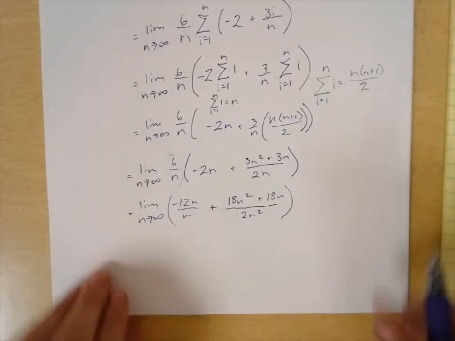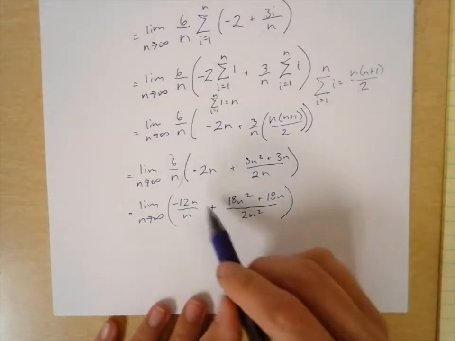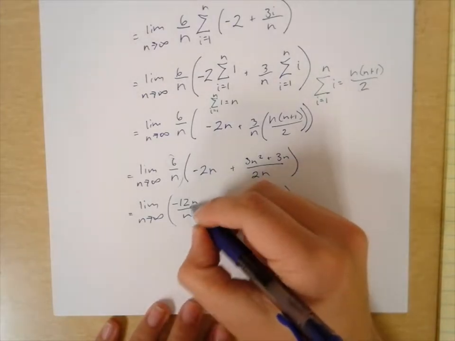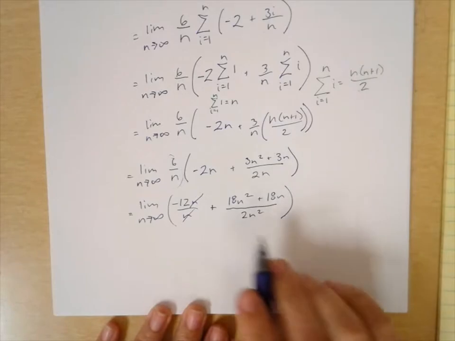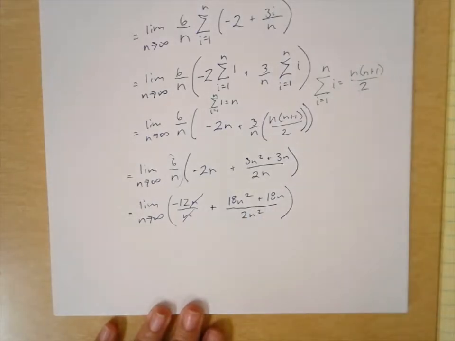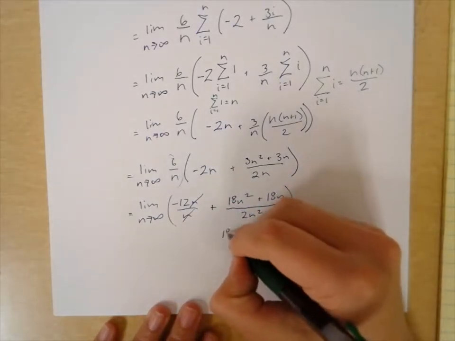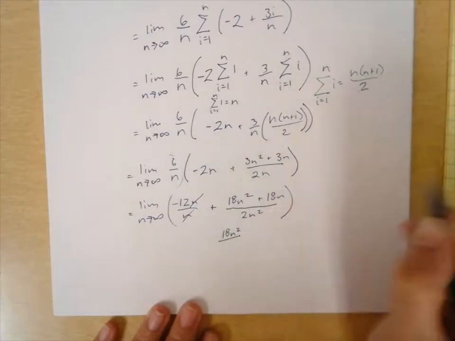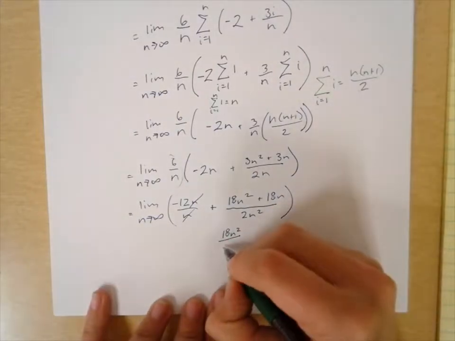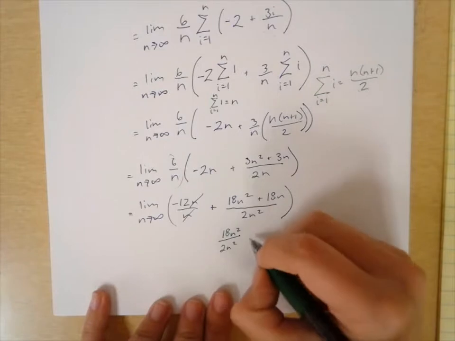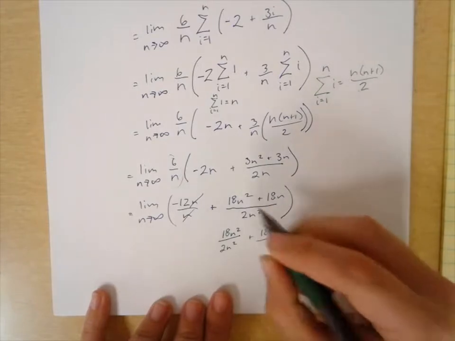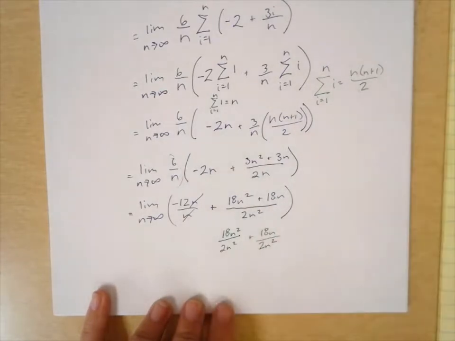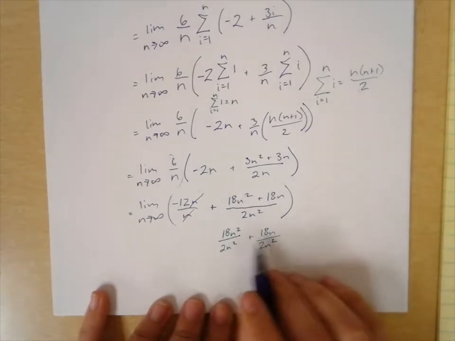So now what I need to do is simplify right here with my n on top and my n on bottom. And here, I can write this out as two separate fractions. I can write it out as 18n squared over 2n squared plus 18n over 2n squared. And now this is kind of easier to work with.